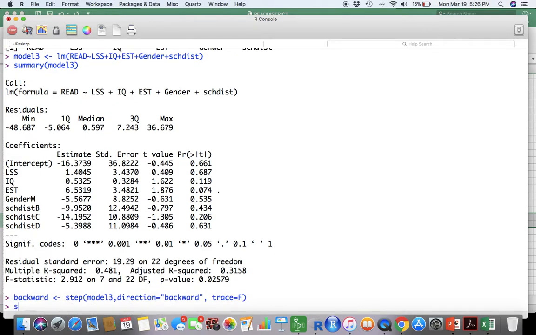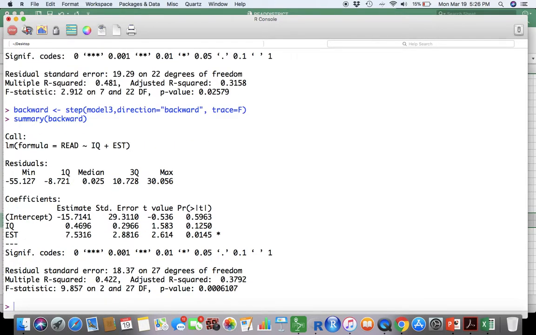So if I do that and just do summary backward, what it does is it tells me that the best model for predicting read, again based on this stopping criteria that R uses, is to use the IQ and EST, the estimated reading score. Guys, I think that's it.